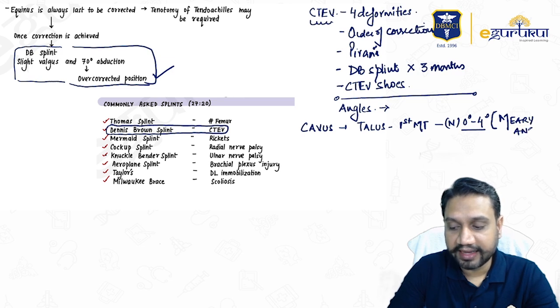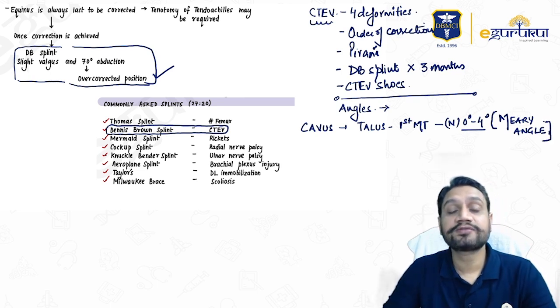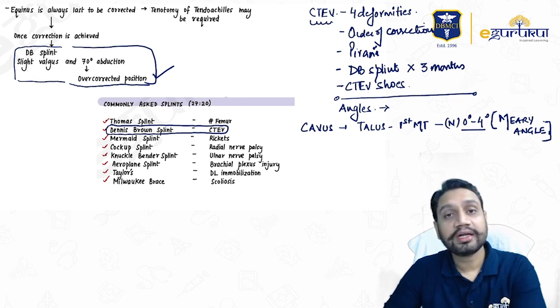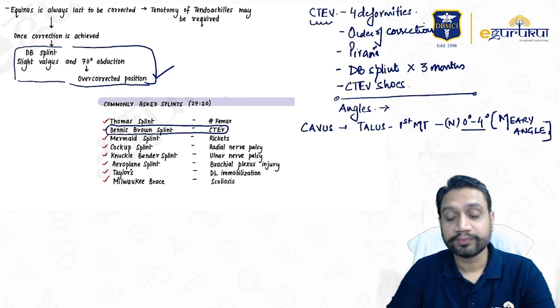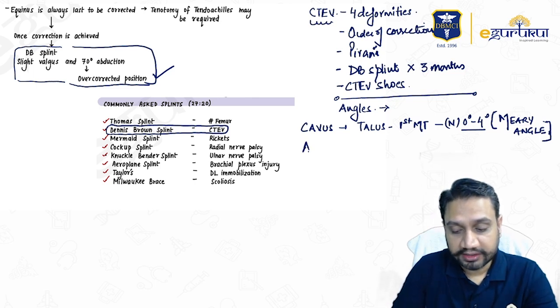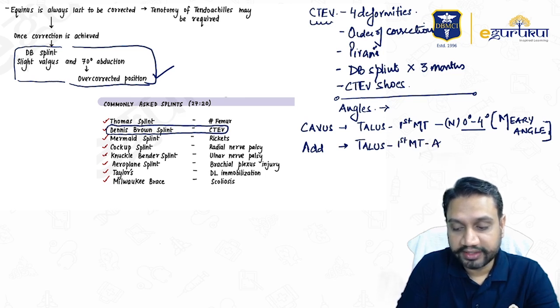Now why am I saying the angle can be important? Because sometimes in your exams, they can ask you to match side A with side B. They can give on side A certain angles, like the angles of the spine, the angle of the elbow, the angle of the calcaneum, the angle of CTV, and ask which condition they are related to. Second, we talked about adduction. Adduction is seen in the same X-ray, where you make a line between the talus and the first metatarsal, but now this has to be in the AP view.